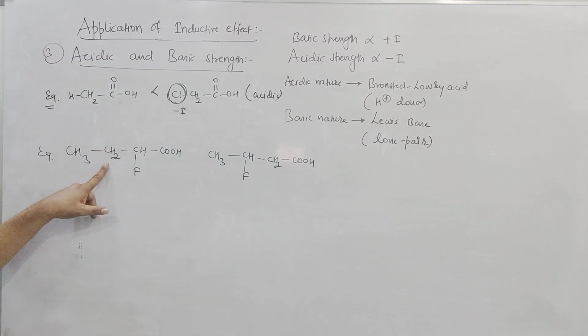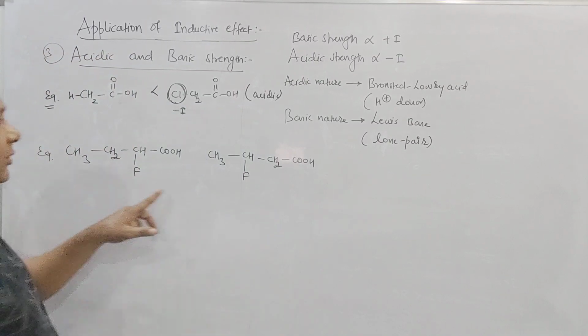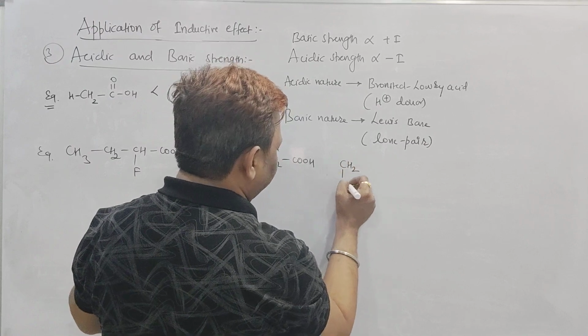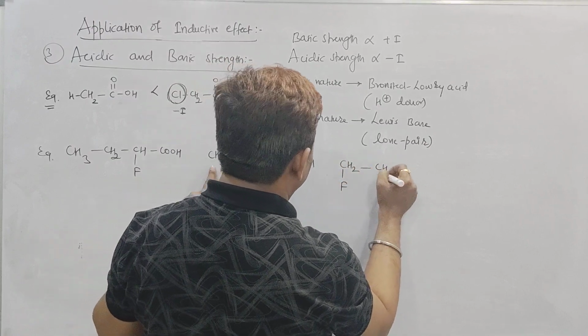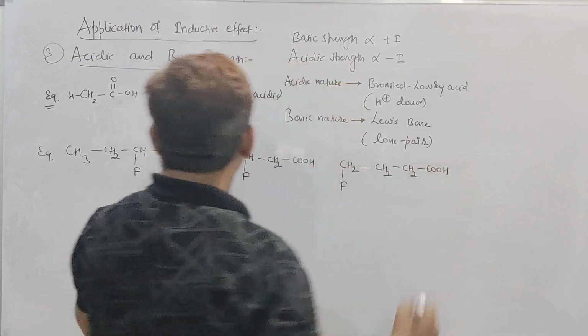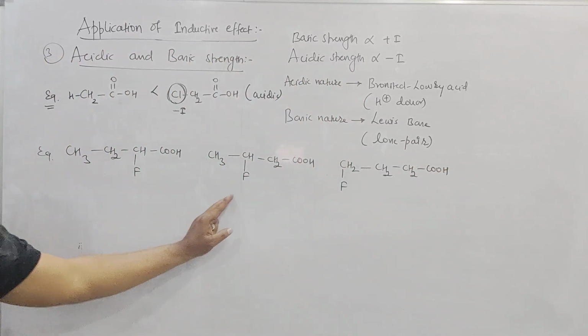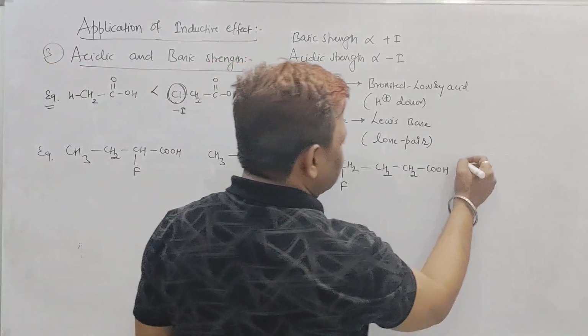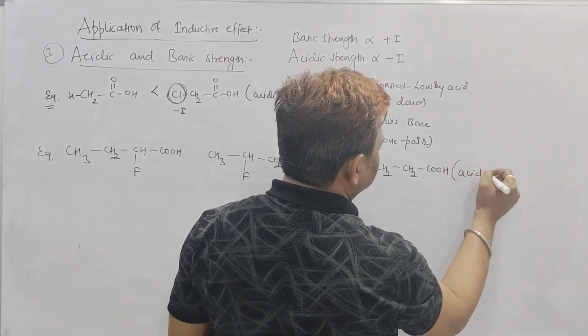Fluorine is present on this third carbon, and now fluorine comes on this last carbon, beta. It is CH2F, then we have CH2, then CH2 and then COOH. So first one, second one and third one. They are asking us to get the acidic nature of these species.